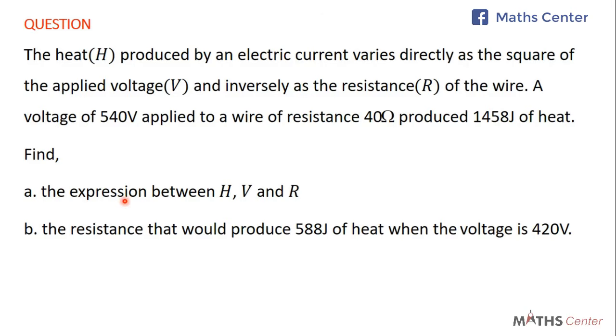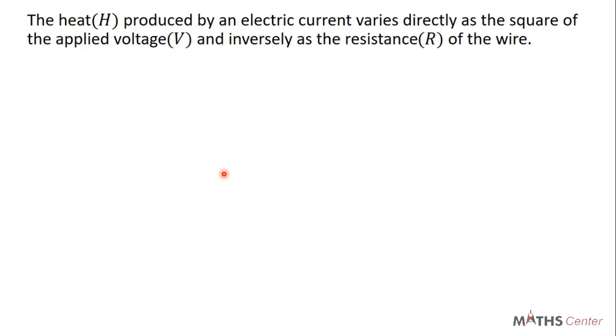Find A, the expression between H, V, and R. B, the resistance that will produce 588 joules of heat when the applied voltage is 420 volts. We will solve the first part of the question in this video, then we will solve the second part in the next video.